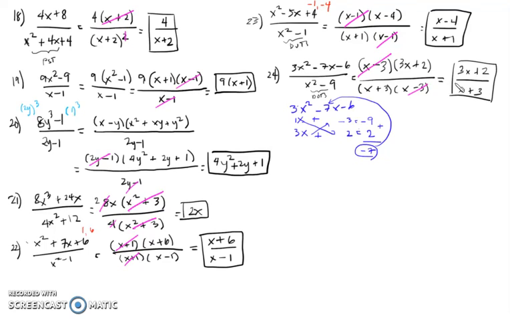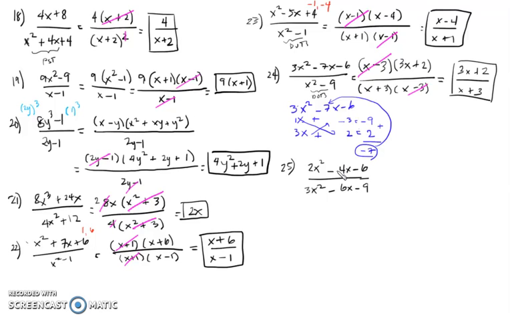So how about number 25? Number 25, we have 2x squared minus 4x minus 6 all over 3x squared minus 6x minus 9.